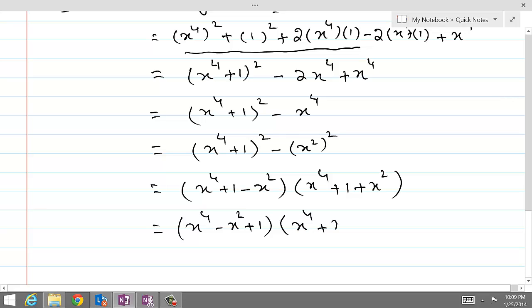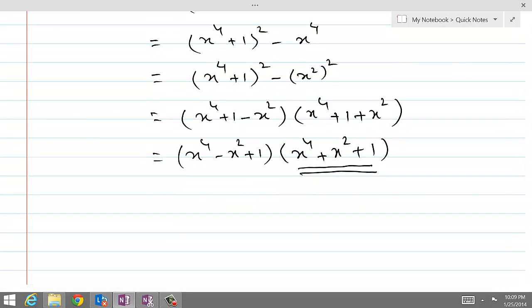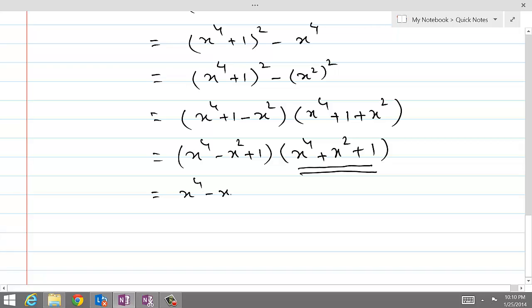If you remember from the last question, we further factorized this, and the two factors for this are (x² − x + 1)(x² + x + 1).